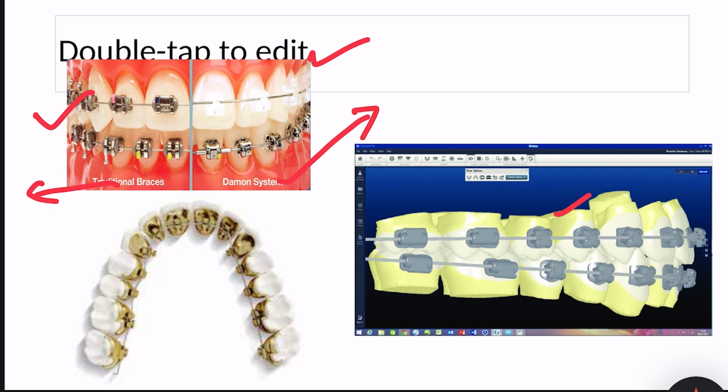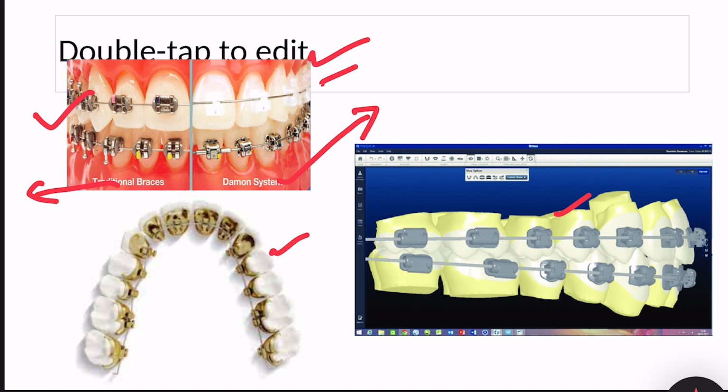Coming to Insignia and Incognito. Insignia and Incognito come under the category of customized orthodontic brackets, meaning each and every bracket is programmed for the patient.